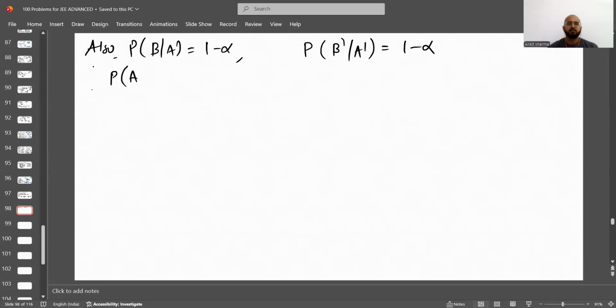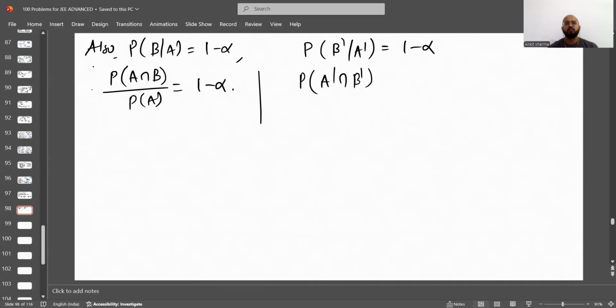So P of B given A is going to be P of A intersection B over P of A, which is equal to 1 minus alpha. And if I open this thing, I get P of A complement intersection B complement over P of A complement.